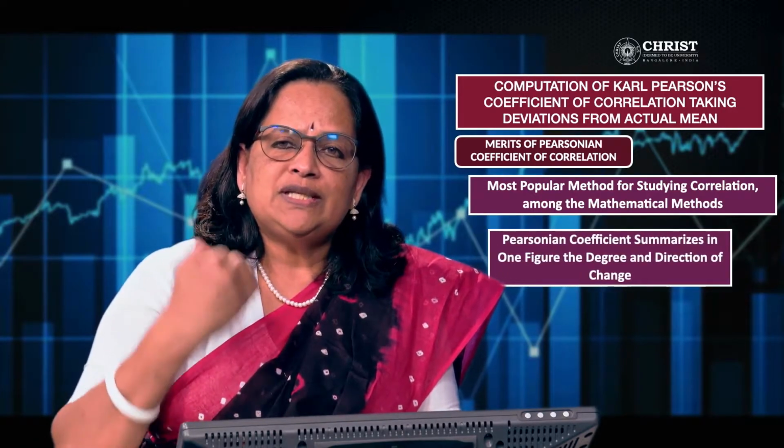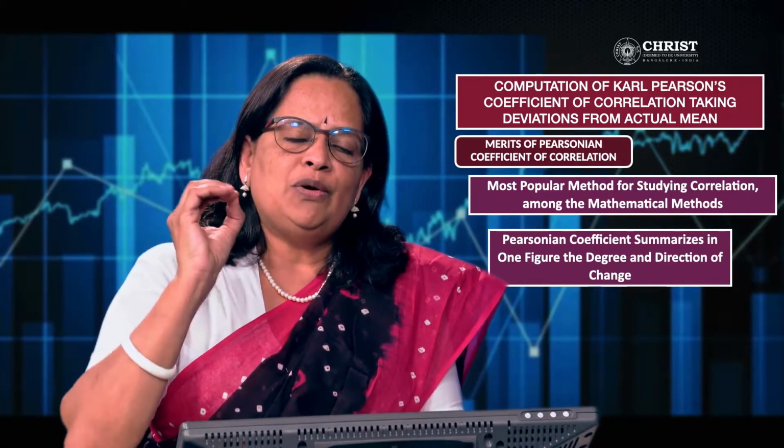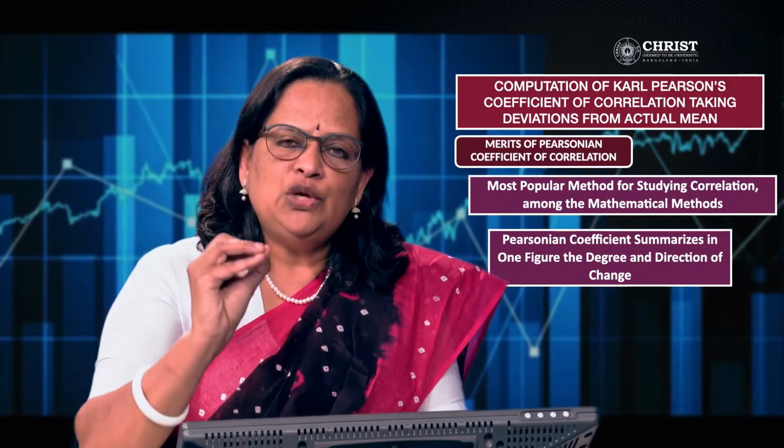Now, merits of Pearsonian coefficient of correlation. The most popular method of studying correlation is the Pearsonian coefficient of correlation, and this is a mathematical method. When we learn the problem, you will understand that. Then Pearsonian coefficient summarizes in one figure the degree and direction of change. I told you the r value will always be between +1 and -1, meaning you will get a value and a sign, whether plus or minus.